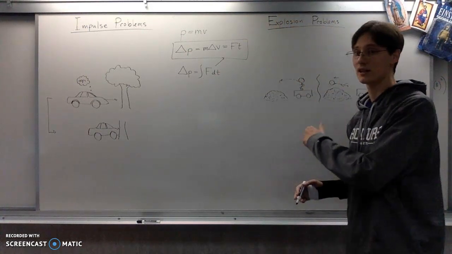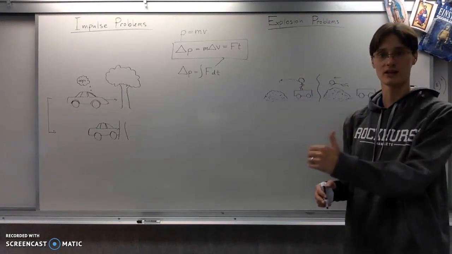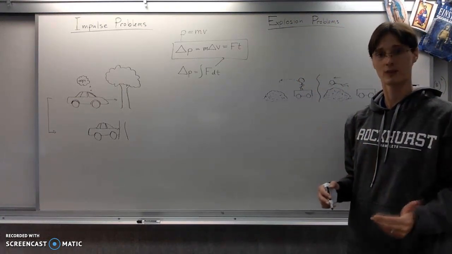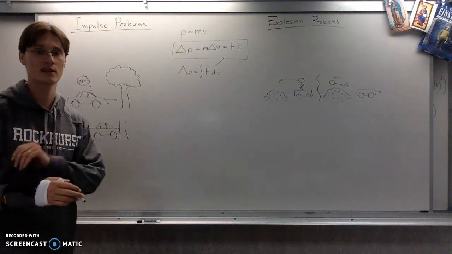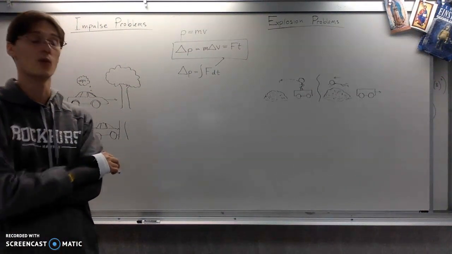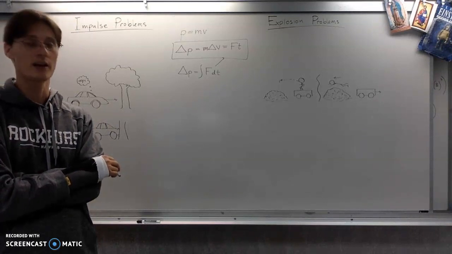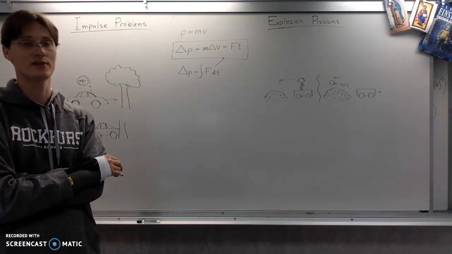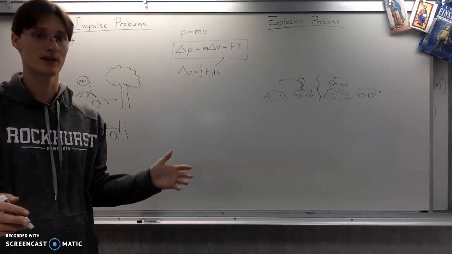So when we talk about conservation of momentum, we are saying the initial and final momenta are equal. In impulse problems, that's not necessarily the case. In an impulse problem, the momentum of the system changes. What that really means is that it transferred the momentum to something outside of the system.